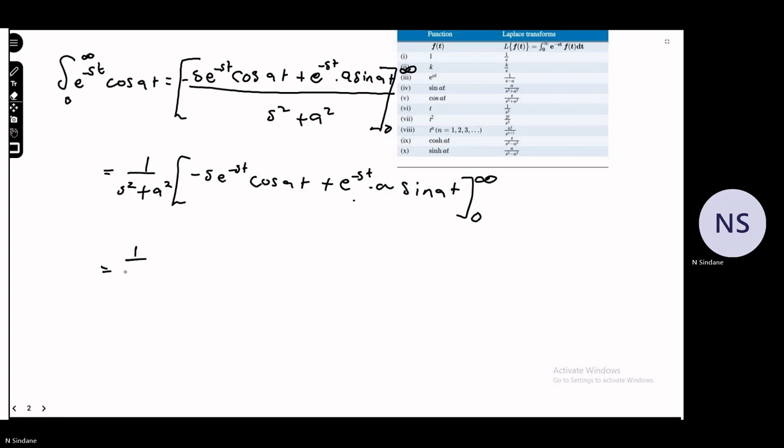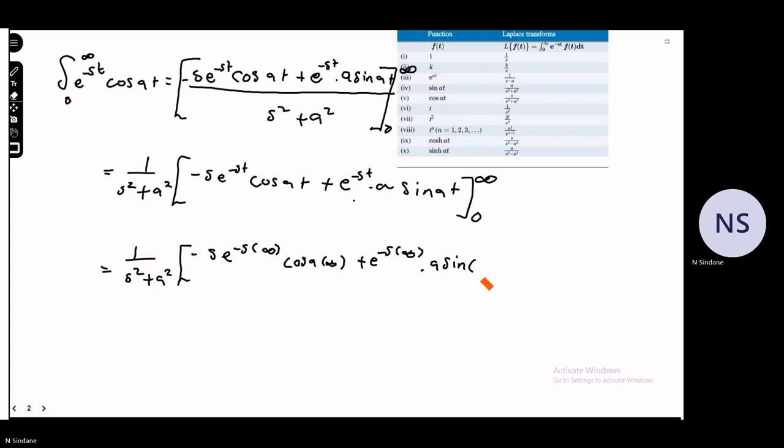This will be 1 over s squared plus a squared, right? Then into negative s e to the power minus s into infinity cos of a into infinity, then plus e to the power minus s into infinity multiplied by a sine of a into infinity.